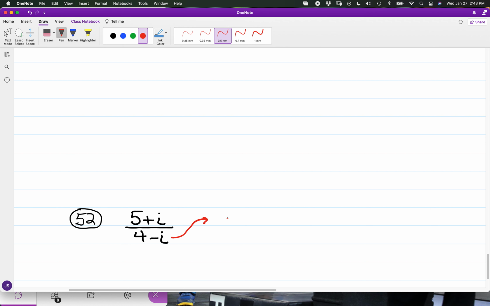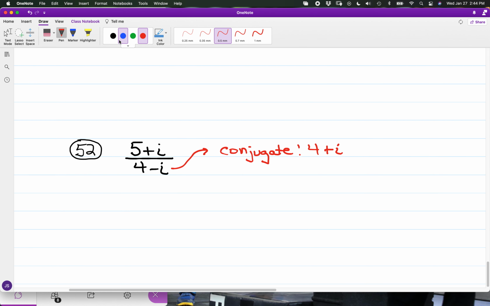Again, we have a denominator of 4 minus i, so the conjugate would be 4 plus i. Taking what we have in the ratio, we multiply by 1 in the form of 4 plus i over itself.